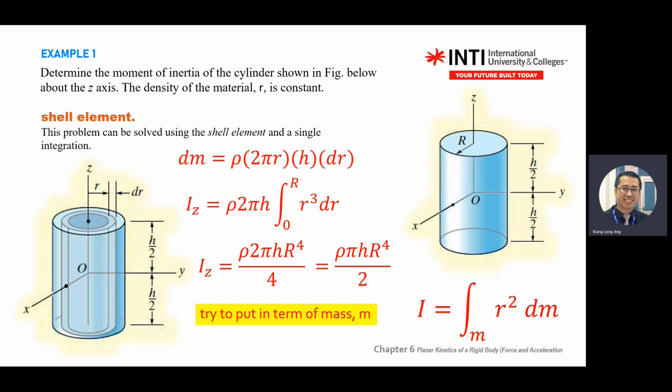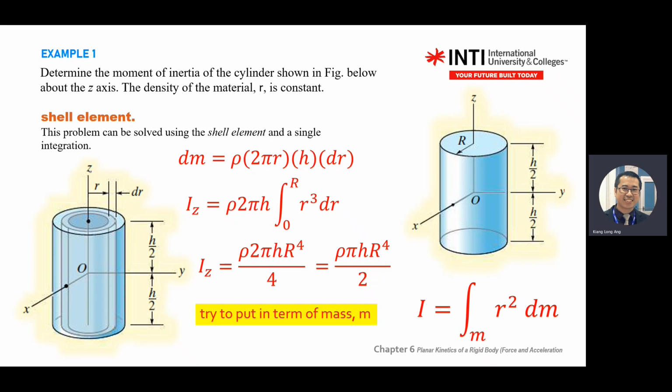Hey, sorry. This one hasn't got your mass. Is it correct? Mass equals rho multiplied by area. Is it correct? This is wrong. It should be volume.